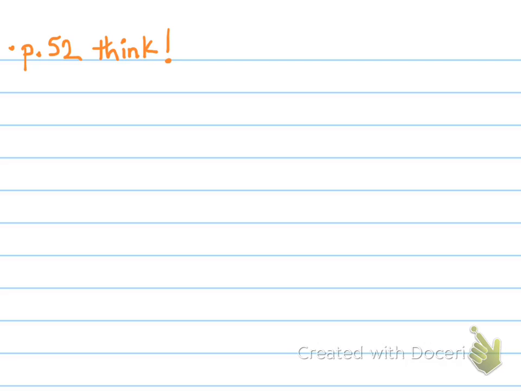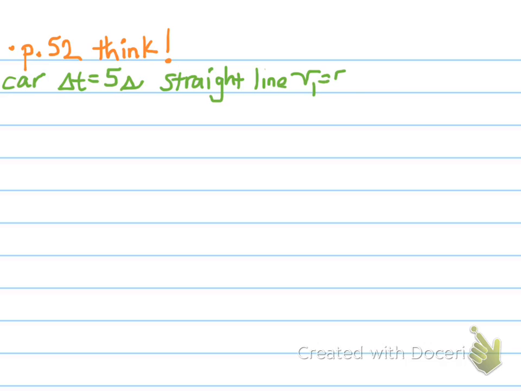So first we have our car. And again, the change in time is 5 seconds. They tell us it's in a straight line. Our first velocity is 50 kilometers per hour. Our second velocity of the car is 65 kilometers per hour.